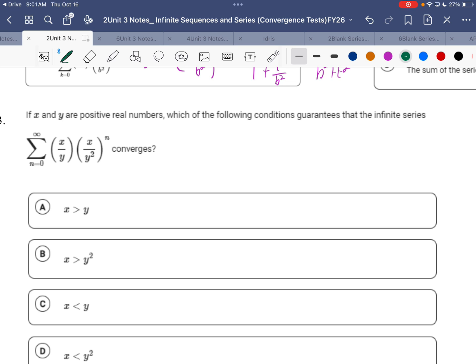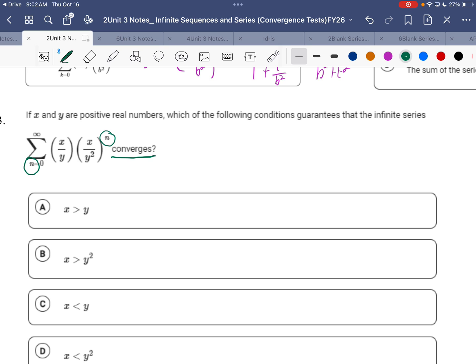And again, we're trying to figure out real numbers, which of the following guarantees the series converges. What type of series is this if the input value is n and it's in the exponent? Geometric. So even though we have variables x and y squared as well, the only variable that tells us what type of series this is is n.